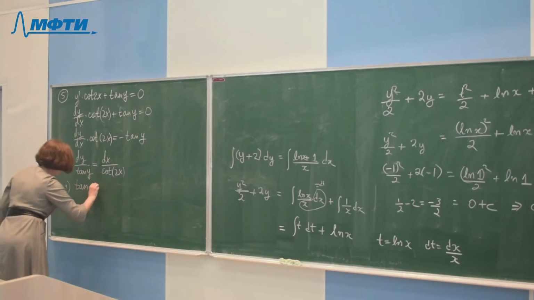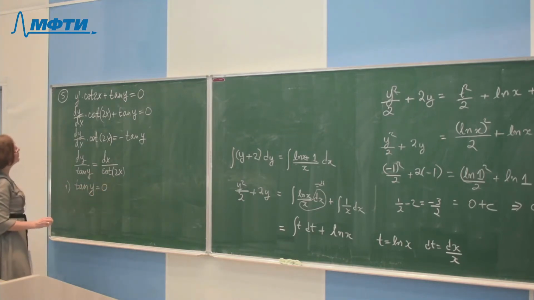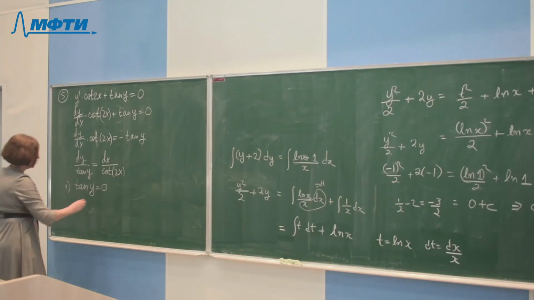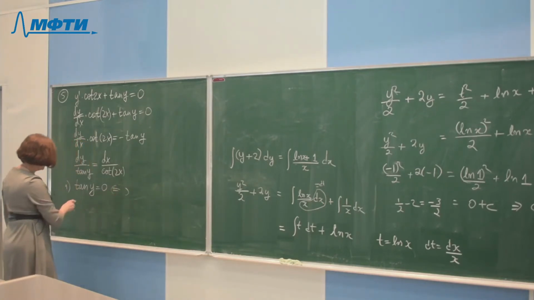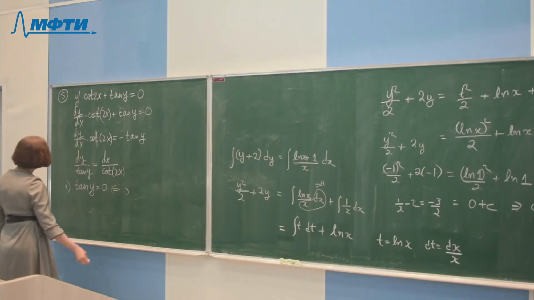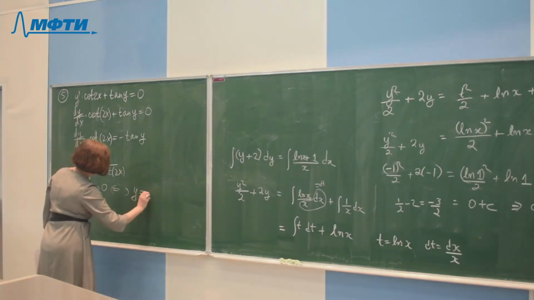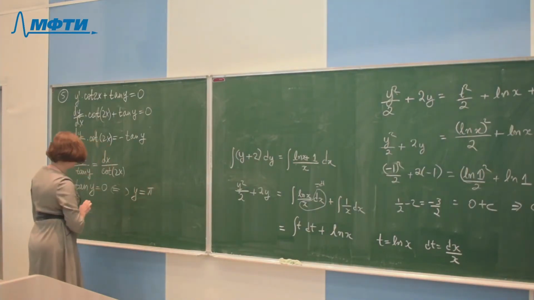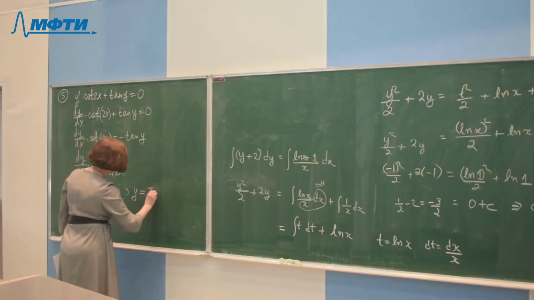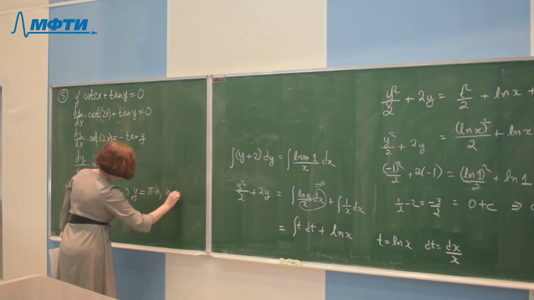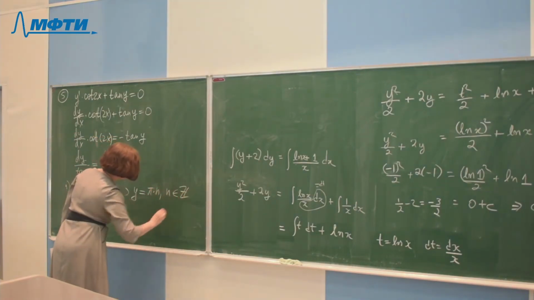Tan y equals 0 means that y equals pi times n, where n is an integer number, right?